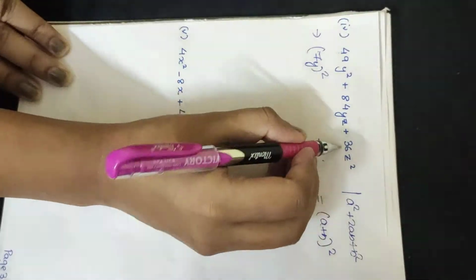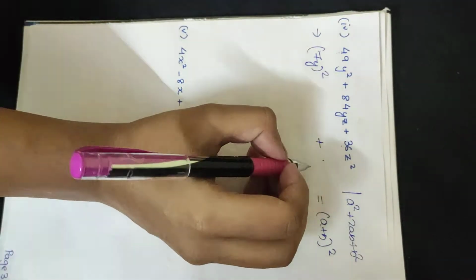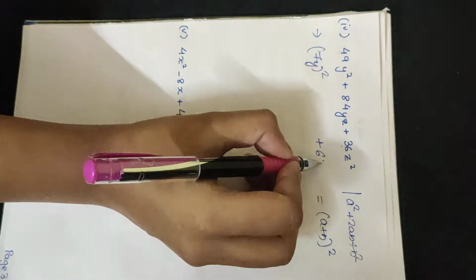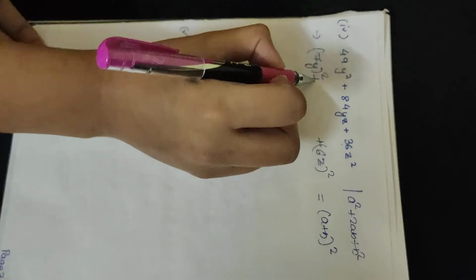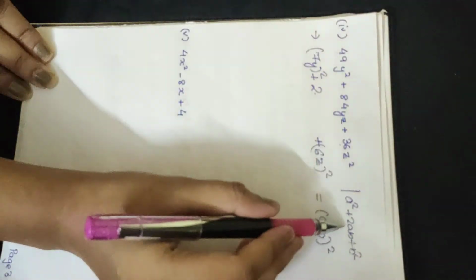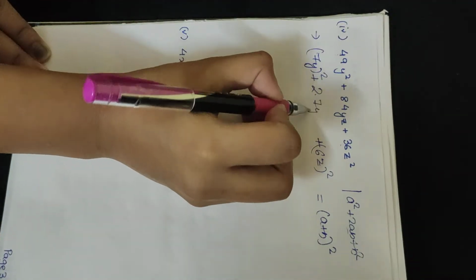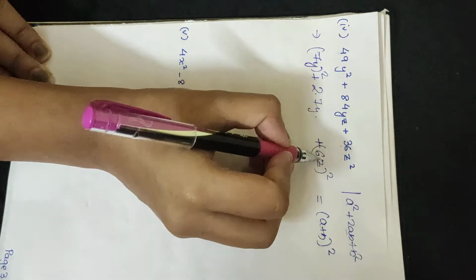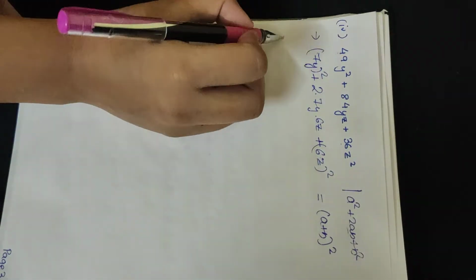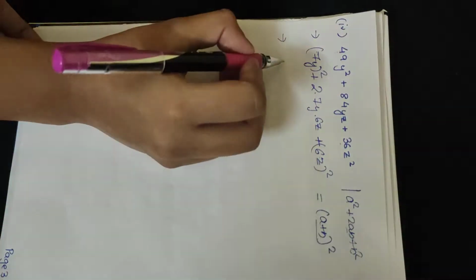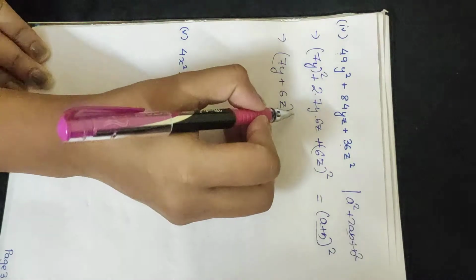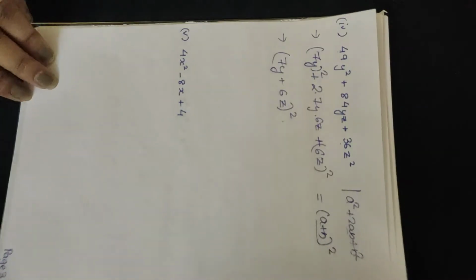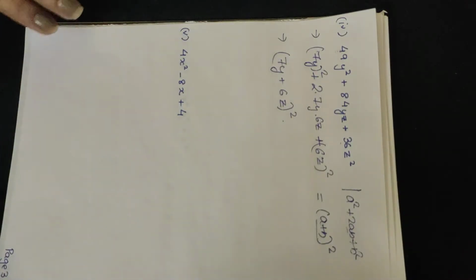Plus 36. What number is the square? 36, 6, and z is z, so we squared this one as well. Now 2 into, formula says a into b, so 7y into b, which is our 6z. So it is going to give us the square, which is 7y plus 6z whole square. Okay, so this is the answer.